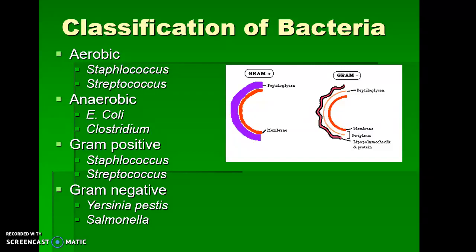These are bacteria that typically are involved in infections on the surface of the animal. So staph and strep infections, those are very typical of skin infections or ear infections, those sorts of infections that are open to the air.